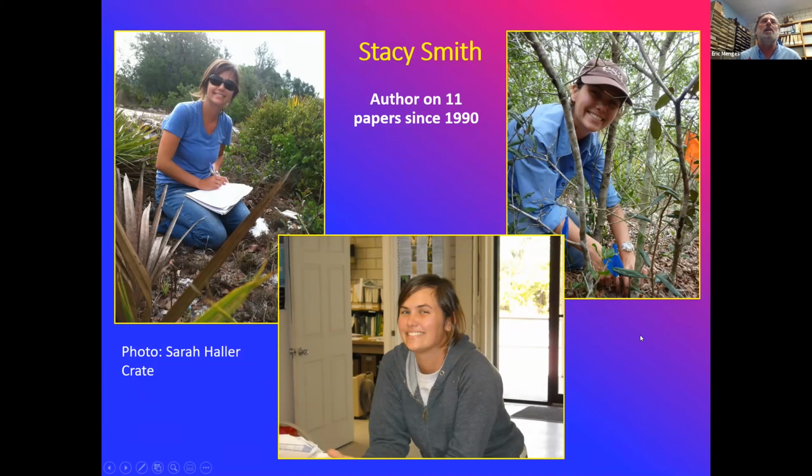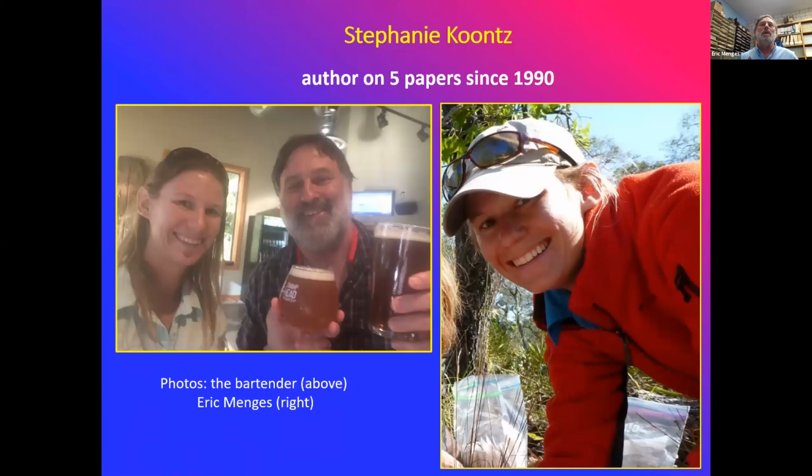So Stacy, it's always a delight to have around and did some really, really hard work for us for a long time. And also Stephanie Koontz, who you've seen already, a current RA who's also been involved with these augmentations. And here, Stephanie and I are celebrating getting some grant funding, which allows us to continue this work. And I'm going to thank some of the funding agencies at the end of the talk.